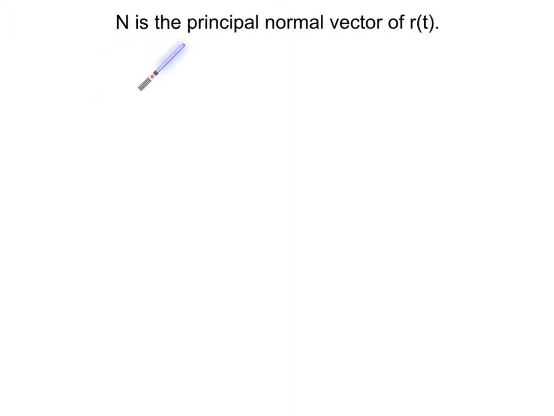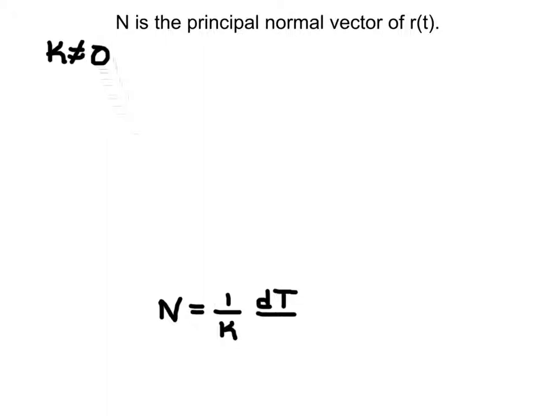Now we're going to look at finding the principal normal vector of r of t, and we call that N. At any point where the curvature is not equal to 0, we can find the normal vector. The formula for the normal vector is 1 over the curvature, 1 over k, times the change in the unit tangent vector with respect to the change in arc length.